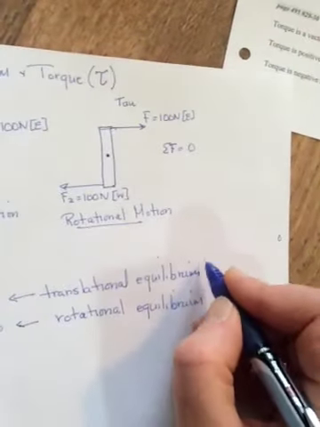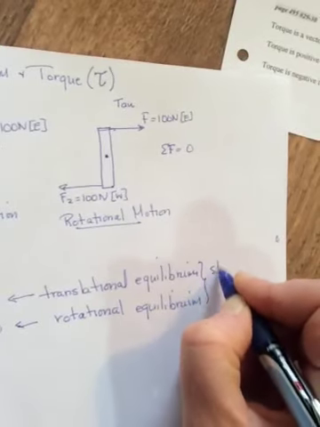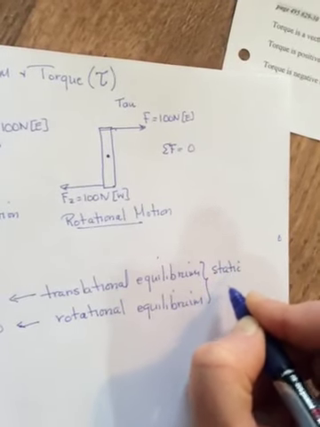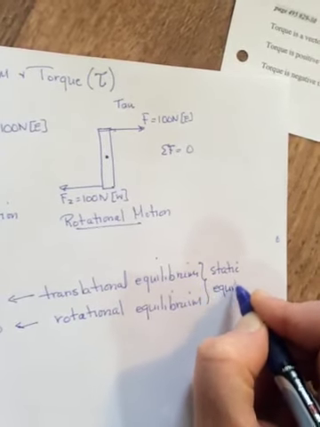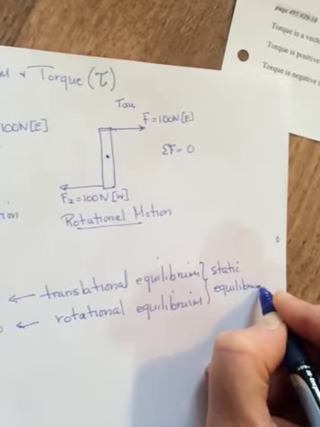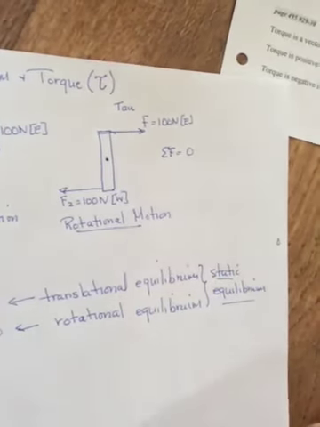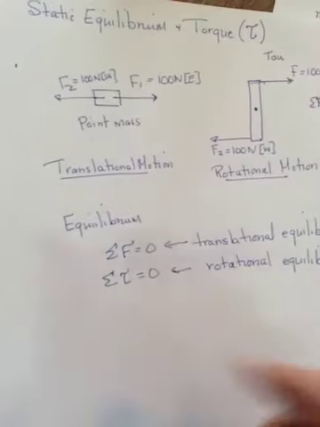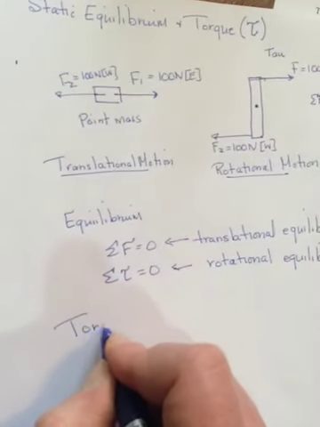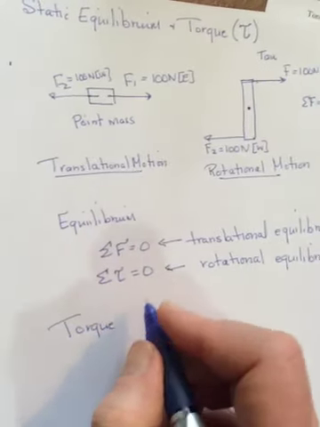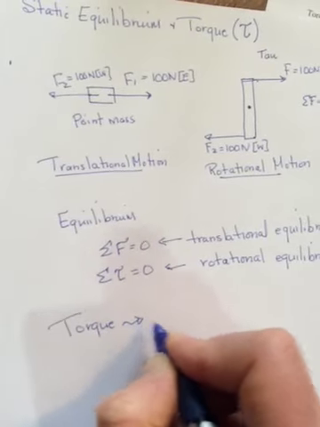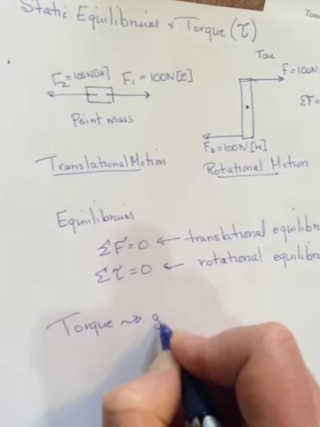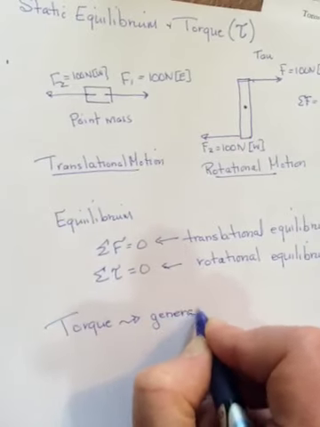When you have both of these, then we say the object is in static equilibrium. Okay? Static equilibrium. So then what the heck is torque? Well, torque is generated by a force. It's not a force, but it's generated by a force, and that force is acting on an object.